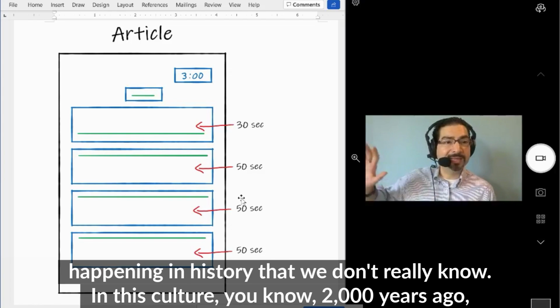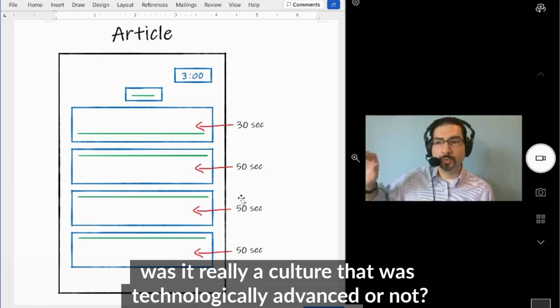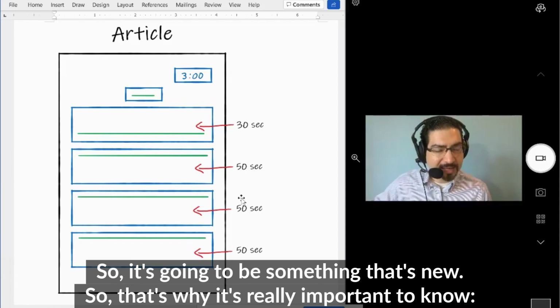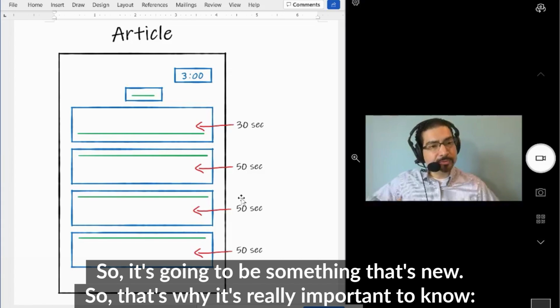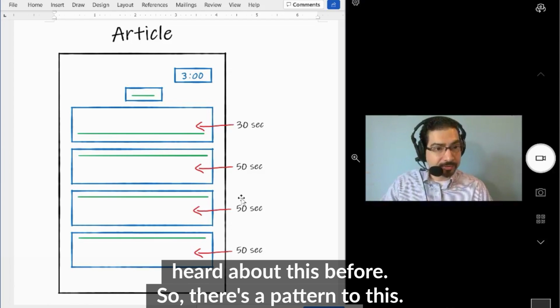Something happening in history that we don't really know in this culture, 2,000 years ago. Was it really a culture that was technologically advanced or not? So it's going to be something that's new. That's why it's really important to know: I'm going to learn something. It's very likely I've never heard about this before.